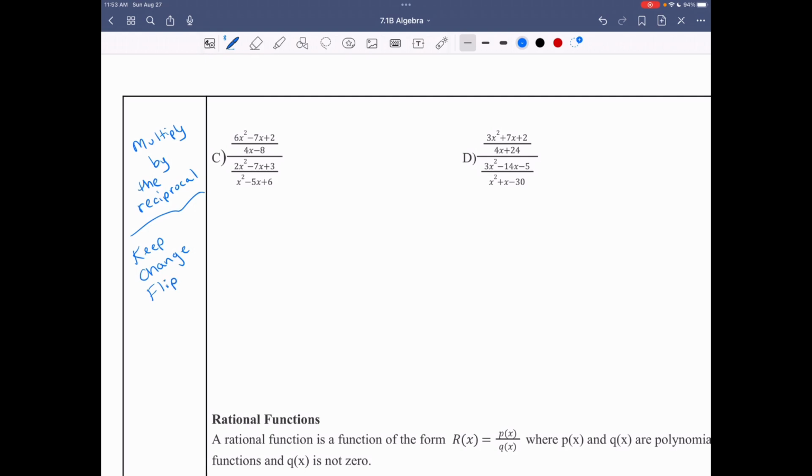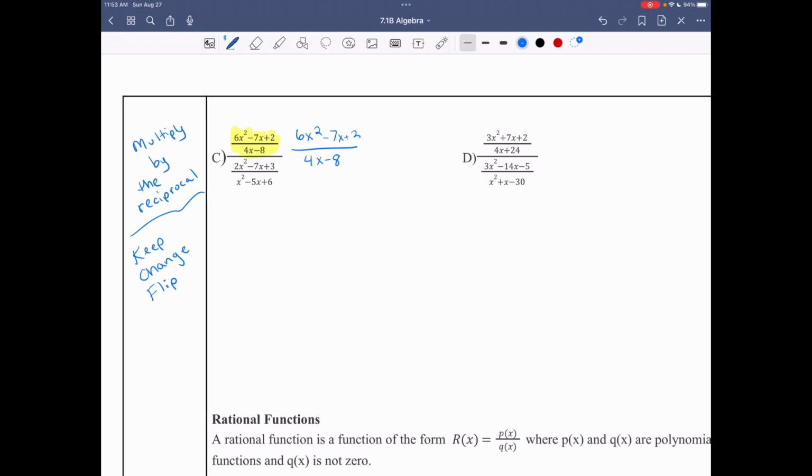So we're going to keep the first part the same. So the numerator is going to be the same. We're going to keep it 6x squared minus 7x plus 2 over 4x minus 8.